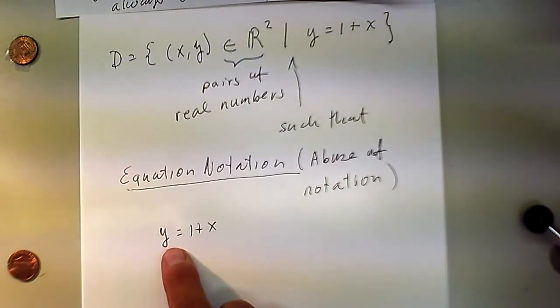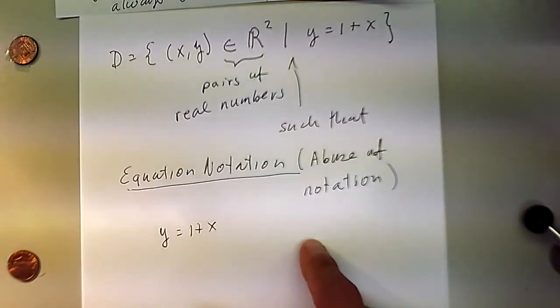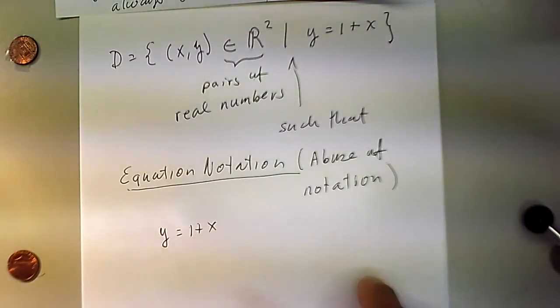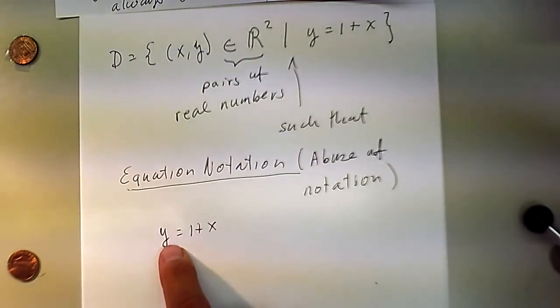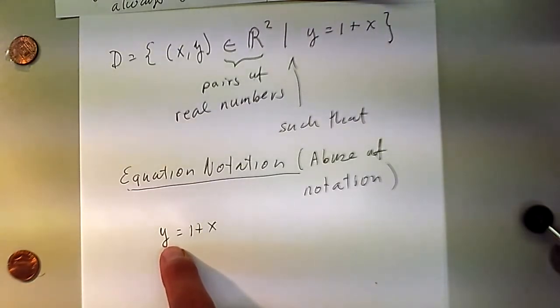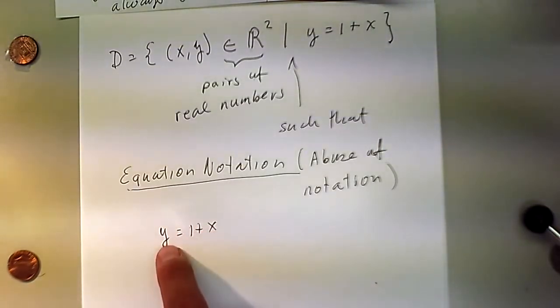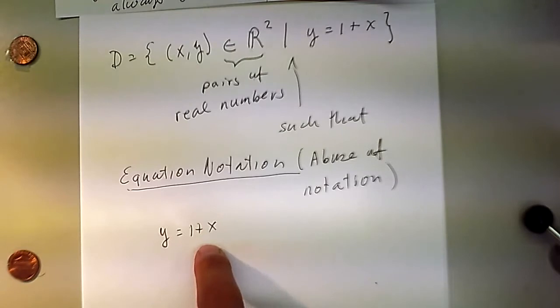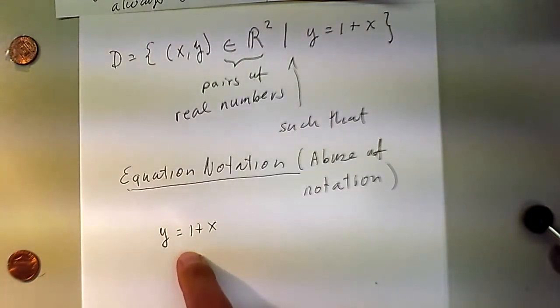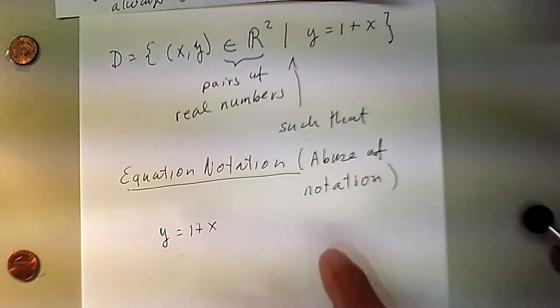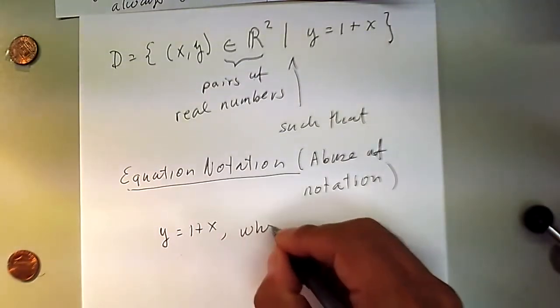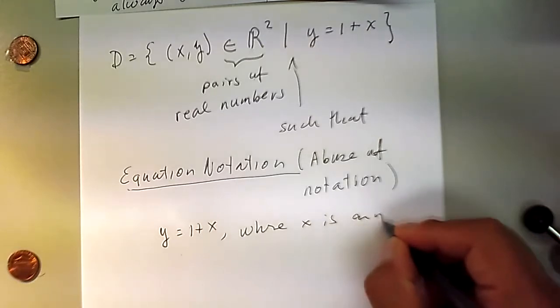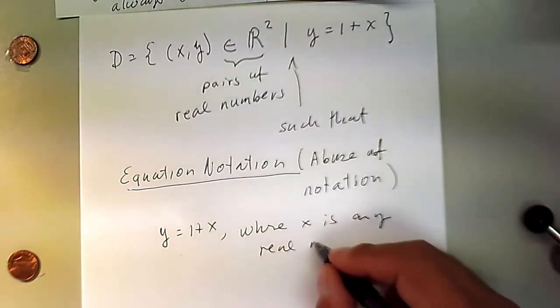Although some people might say, wait a minute, it's not, because if we use the other definition that books use, in which they bypass the relationship, they say, well, a function is a relationship, a rule that assigns inputs into outputs. So there's the rule. Well, it would be correct if we actually establish where x is any real number.